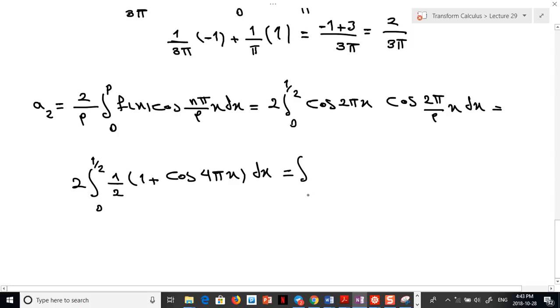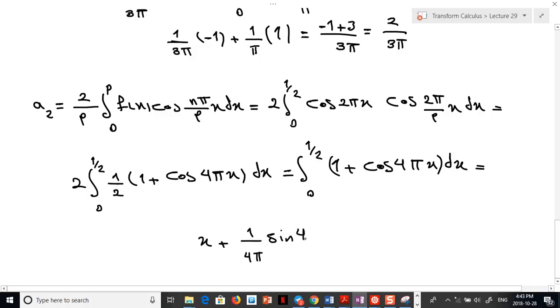So it's equal to the integral from 0 to half of 1 plus cosine 4 pi x, which is x plus 1 over 4 pi sine 4 pi x. The limit of the integral is 0 to half.